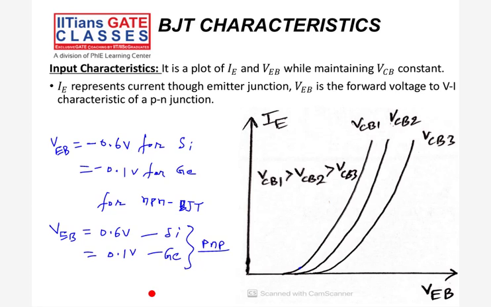So we can see IE depends upon VCB. I told you long back that this emitter current was also depending on the reverse bias voltage due to the early effect. So for a given value of VEB, the emitter current increases with increase in VCB.